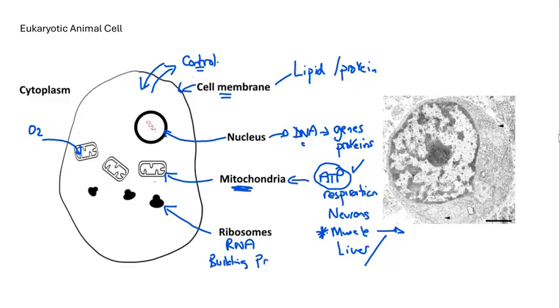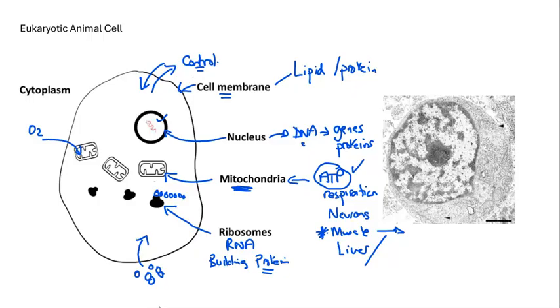To do that, amino acids are taken into the cell and they are joined together in the correct sequence on the ribosome. The correct sequence is dictated by the gene, and we construct the protein.